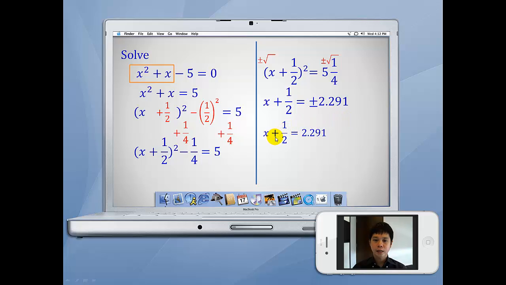This means that x plus half is positive 2.291, or x plus half equals negative 2.291. Subtracting half on both sides will give us x equals 1.79 or x equals negative 2.79.